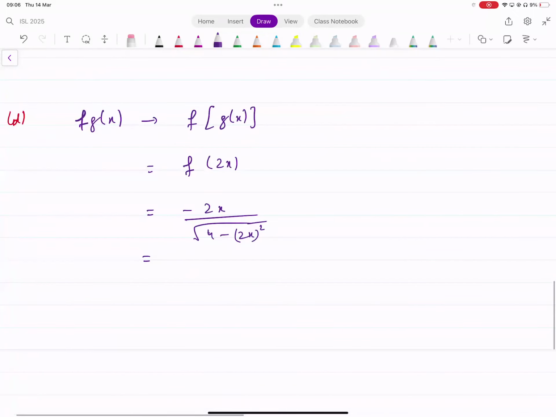That gives you minus 2x divided by square root of 4 minus 4x squared.